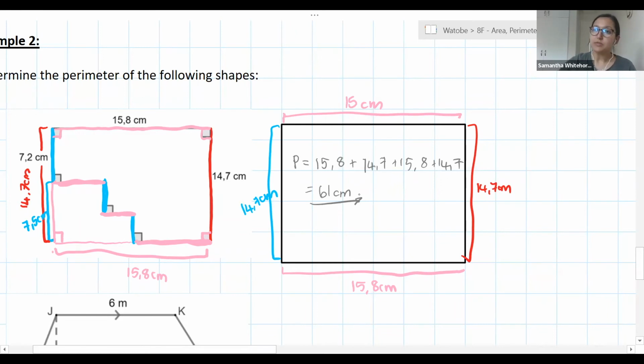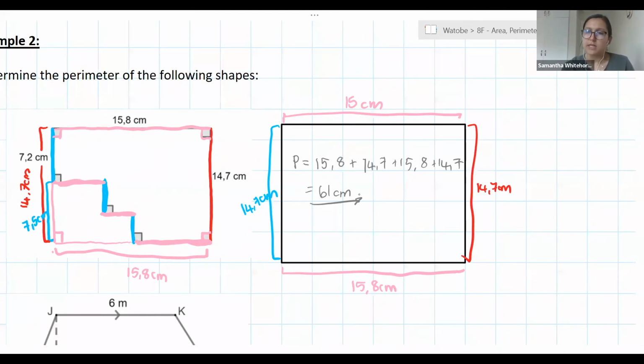So guys, what we need to realize is that even when we're given complicated looking shapes, we have been given enough information to work out what we need. Sometimes it requires us to look at the shape carefully. Because of those right angles, I know I'm working with a rectangle.